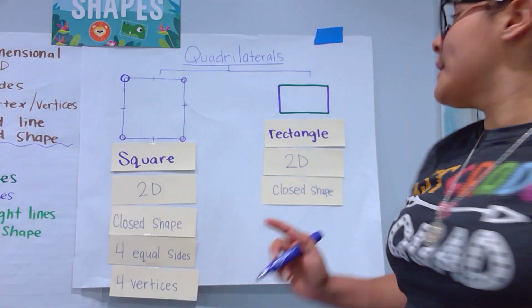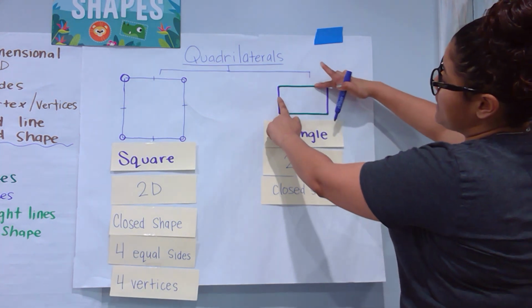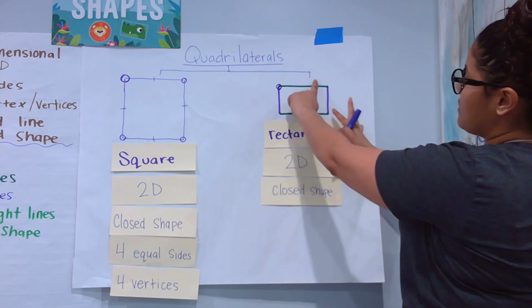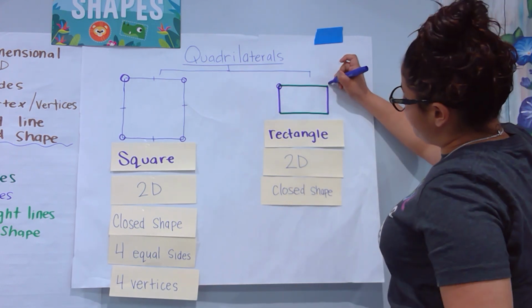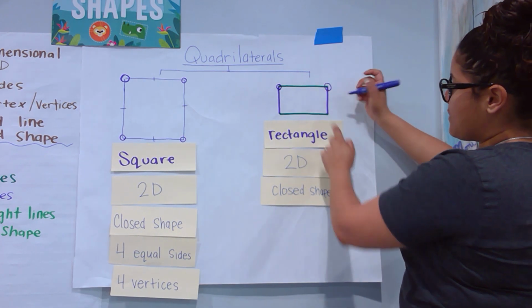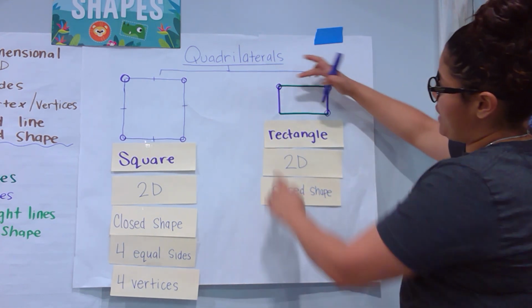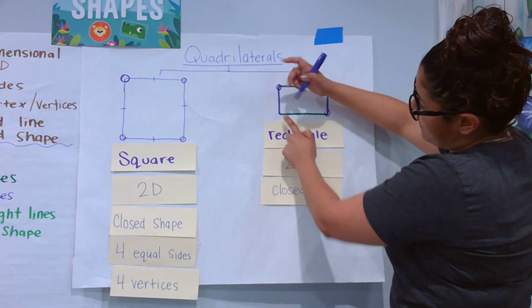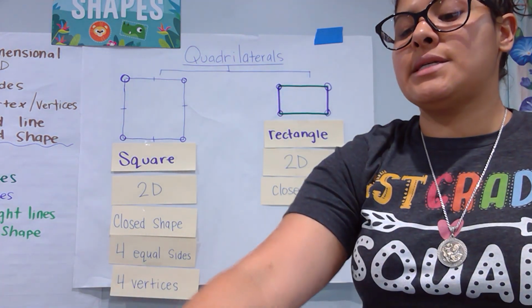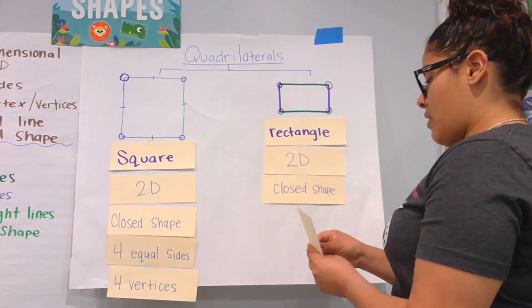If I go ahead and count, these sides meet up, and that's one vertex. These sides meet up, making 2 vertices. These sides meet up, 3, and these sides meet up, and I have 4 vertices to make a rectangle.